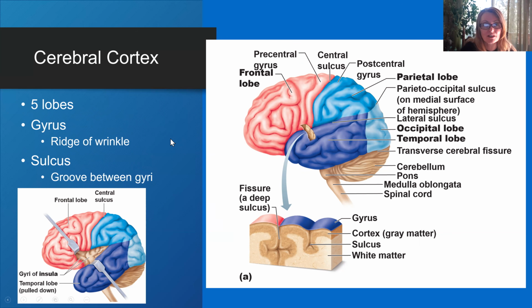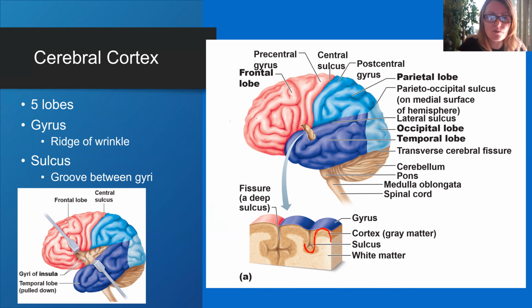Now, the cerebral cortex can be divided into 5 lobes. We will look at these lobes in a minute. In the picture on the bottom, this would be a gyrus, and then this would be a sulcus. What are those 5 lobes?